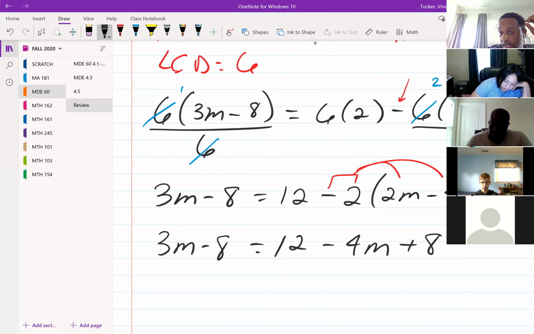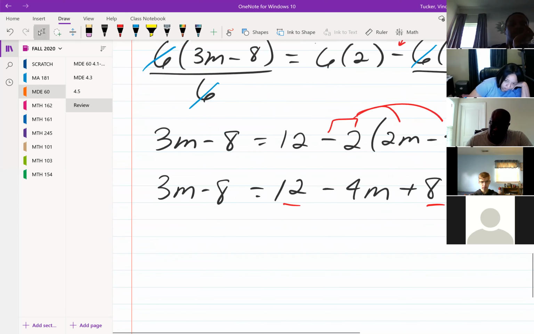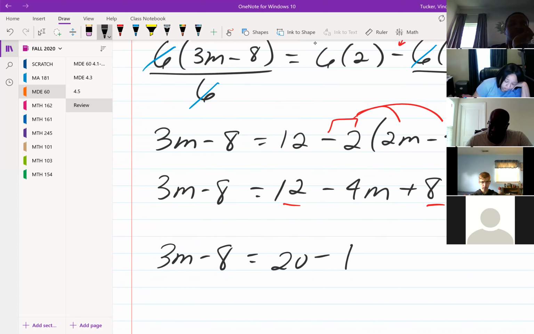So distributing the negative 2, that'll give you negative 4m and a positive 8 in the back. Combine your like terms on the right. 12 and 8 is 20. And let's look to add 4m.